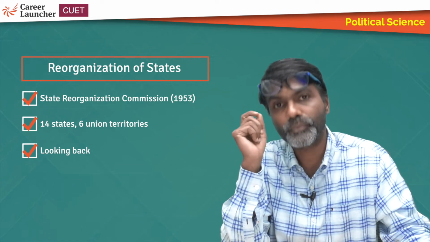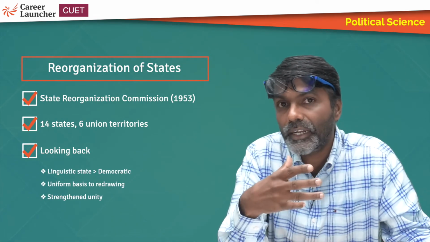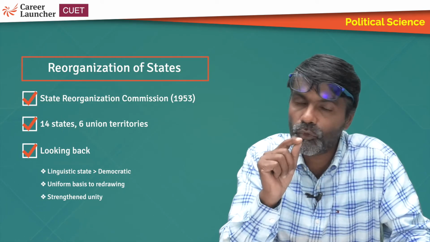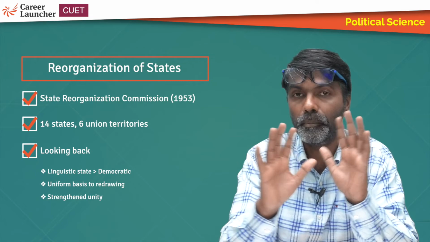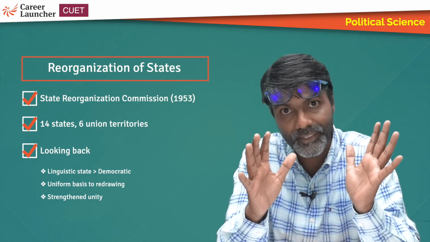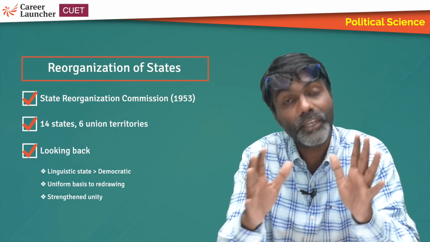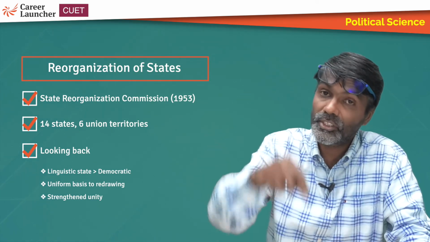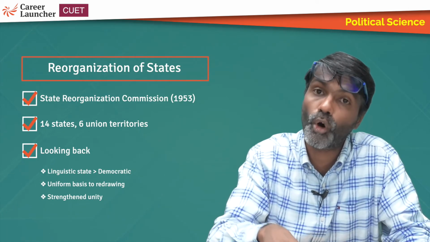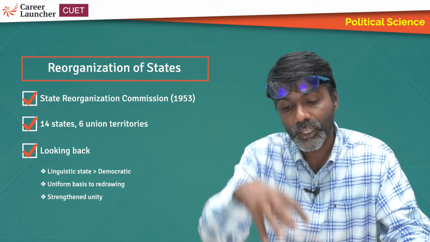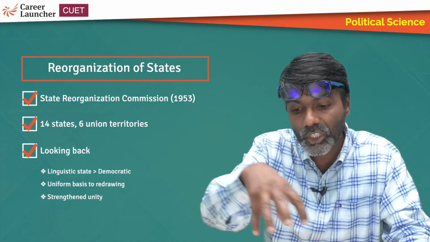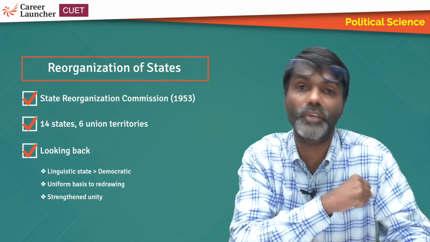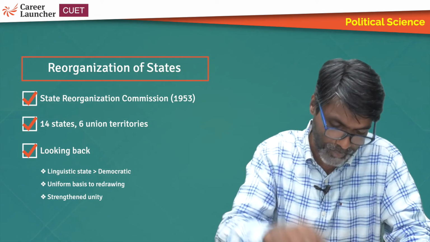Number one, the fear that if we reorganize it using language, the fear was found to be misplaced. ऐसा कुछ हुआ नहीं, बल्कि यहाँ तक भी आर्ग्यू किया जा सकता है कि perhaps डेमोक्रेसी का डीप रूटेडनेस का ये एक बहुत अहम स्टेप था, because if you give each language and culture and region an expression of its own, you are deepening the roots of democracy. So that is one thing that happened.